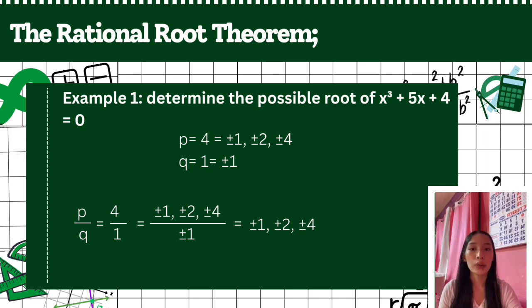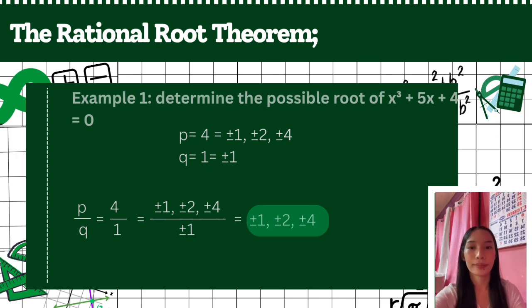Next, divide 2 by 1, so positive negative 2 over positive negative 1 gives positive negative 2. And last, positive negative 4 divided by 1, the answer is positive negative 4. So those are the possible rational roots of the equation.